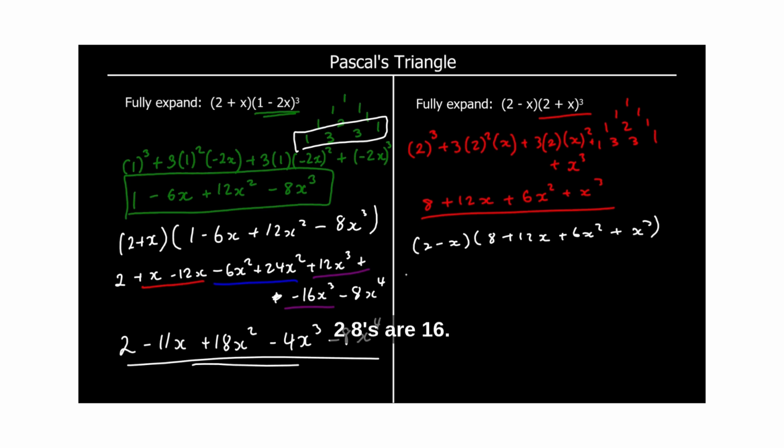So 2 8s are 16. Negative x times 8 is negative 8x. 2 12s are 24, so 24x. Negative x times 12x will be negative 12x squared. 2 6x squareds are 12x squared.